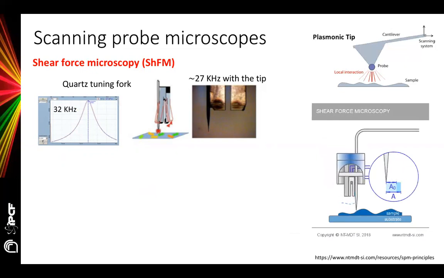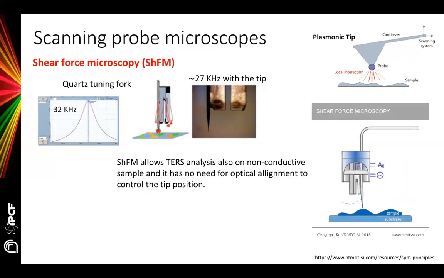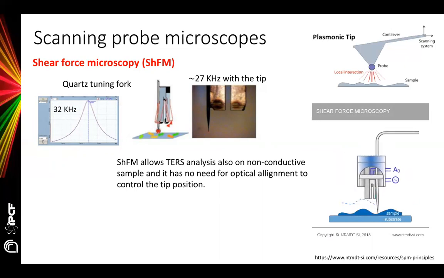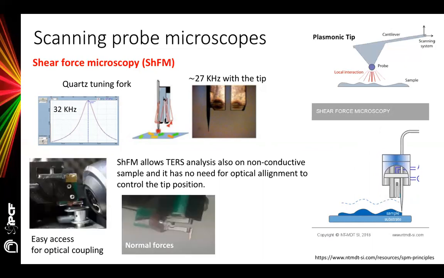In this case, the oscillation amplitude is small, and shear force microscopy allows TERS analysis also on non-conductive samples, with no need of optical alignment for monitoring the tip position. We are relying only on the monitoring of the oscillation frequency of the tuning fork. The tip can be mounted also in this configuration, not only in the previous one.